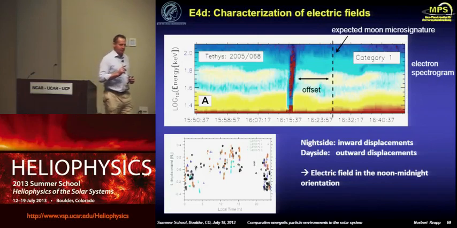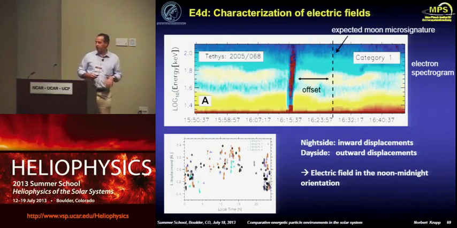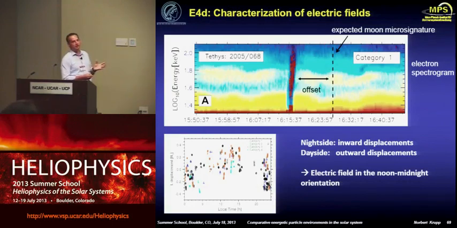Characterization of electric fields. I mentioned this before, that this is a new result from Cassini measurements. It is published in an Icarus paper actually, that we have looked at those absorption signatures due to some of the moons. In this case, this is Tethys.